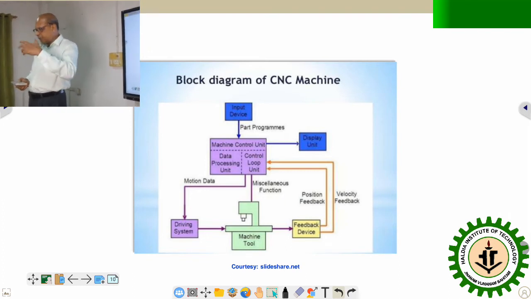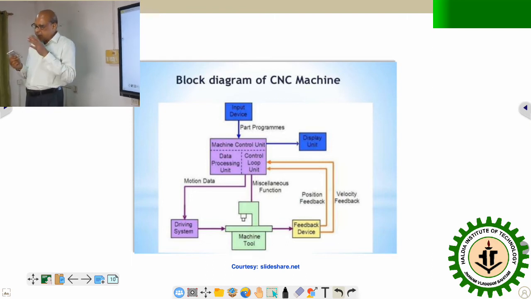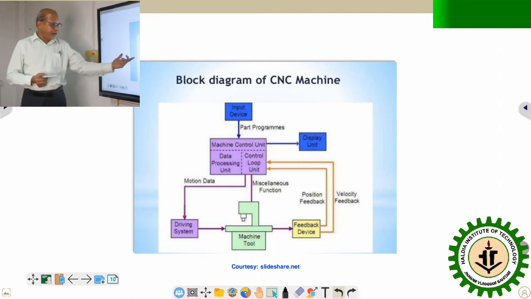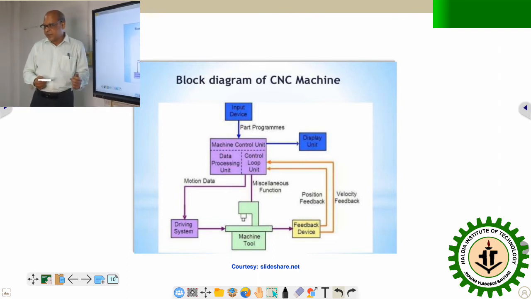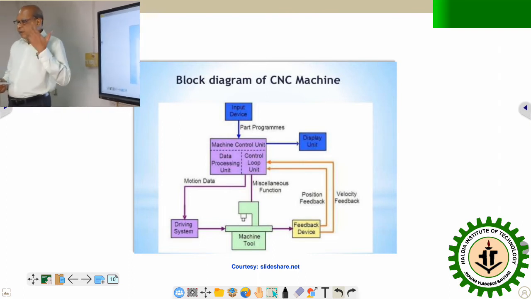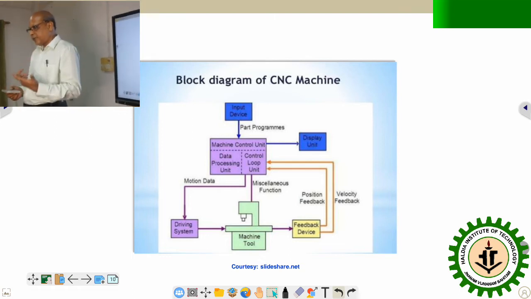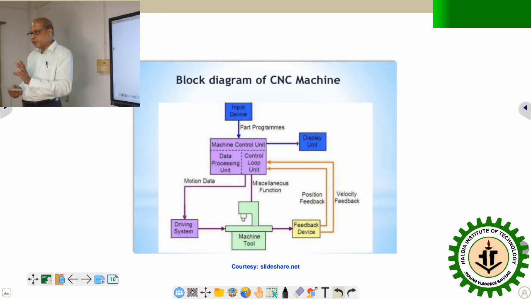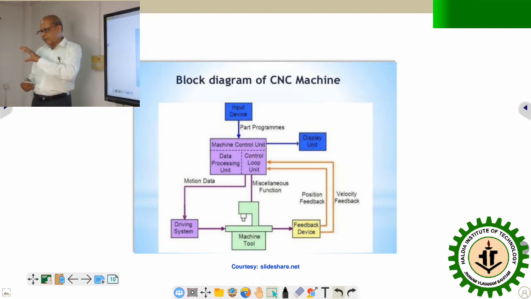Rotation of the spindle, tool change, coolant on off, these are the secondary operations which are identified as miscellaneous functions, and tool motions are popularly known as preparatory functions, for which G is used as a code. G followed by different numbers.